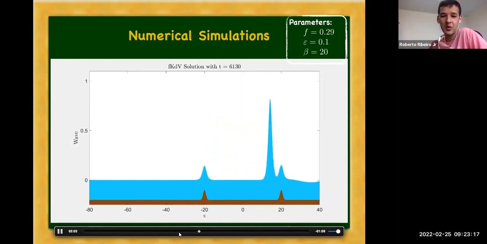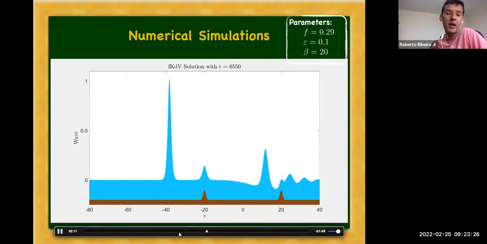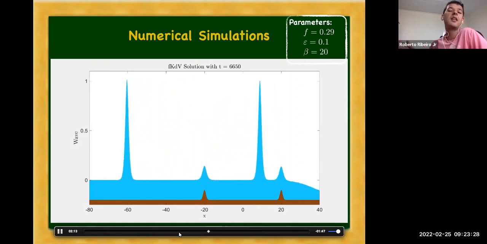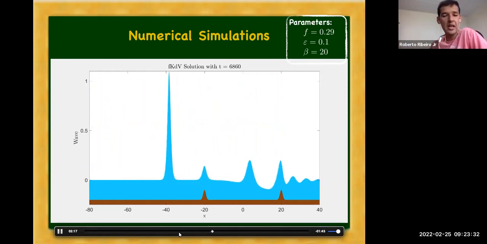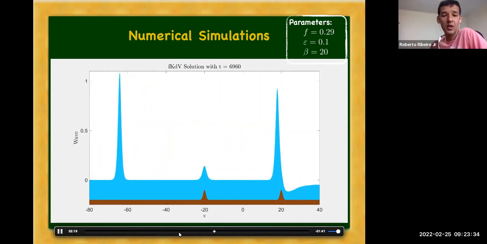Let's wait a bit more. Okay, it's now. The flow starts to generate solitary waves that propagate upstream. And the flow keeps generating solitary waves for as long as we let the simulation run.